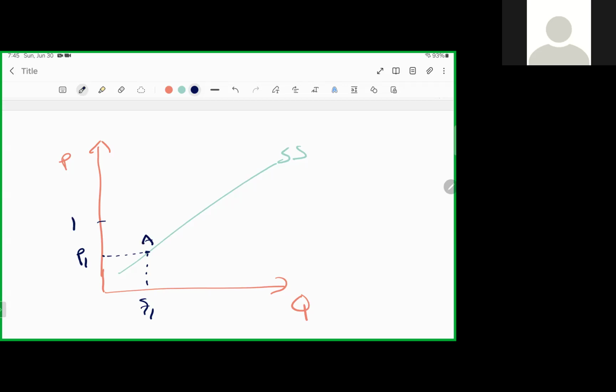If price increases to P2, we expect quantity supplied to also increase, because it provides an incentive for suppliers to increase supply. So quantity will increase to Q2.